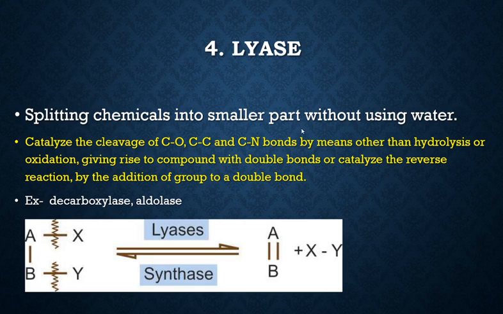Here this is a large chemical, and it breaks these bonds and makes double bonds, making very small parts. So it catalyzes the cleavage of CO, CC, and CN bonds by means other than hydrolysis, or oxidation, giving rise to compounds with a double bond, or catalyzes the reverse reaction by addition of a group to a double bond.